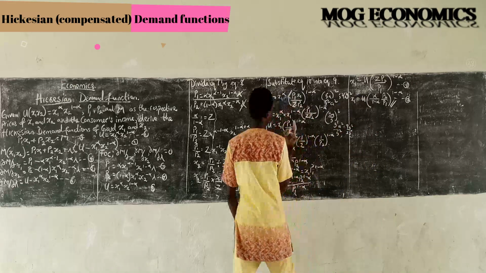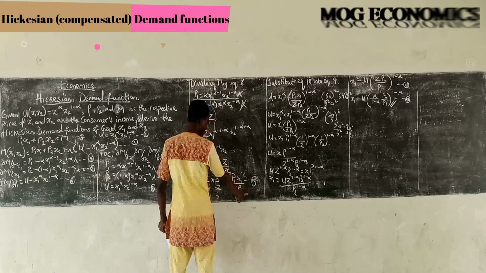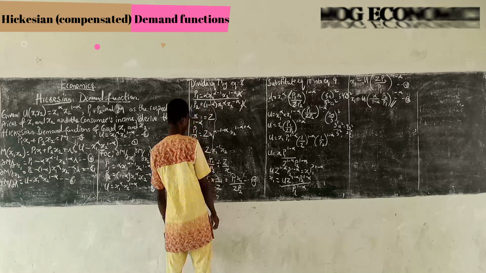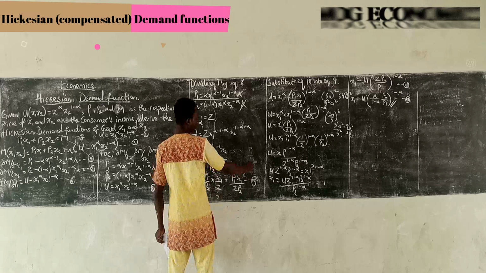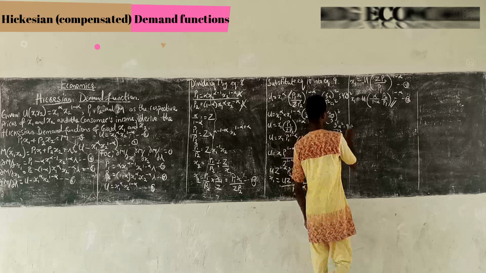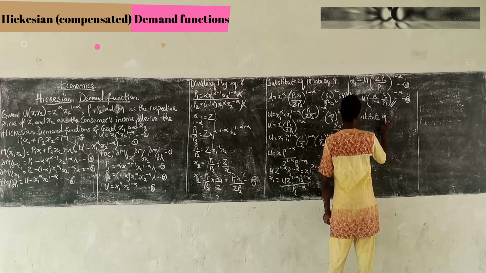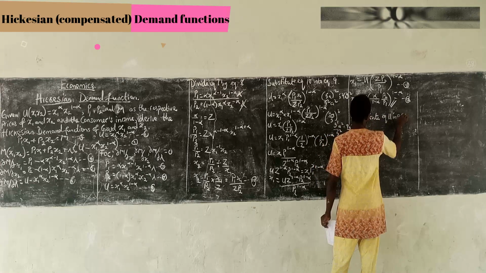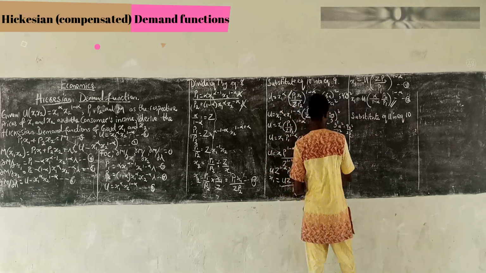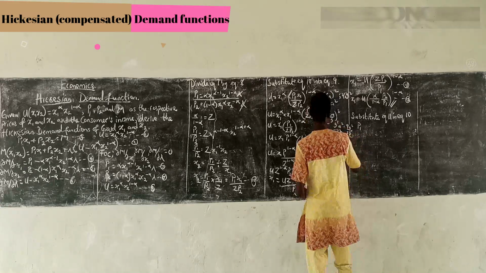I'm looking at whether I should substitute equation 11 to make things easier. Okay, let me use 11. So this is equation 11 into equation 10, because this one has z and that one also has z. Okay, let's see what we're going to get. Substitute equation 11 in equation 10. From there, we have p1 with x2.